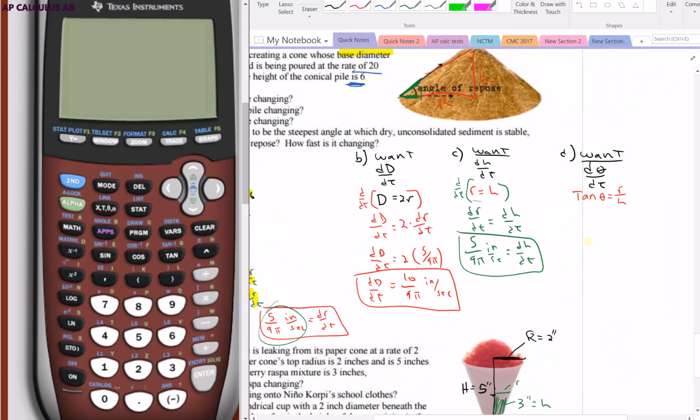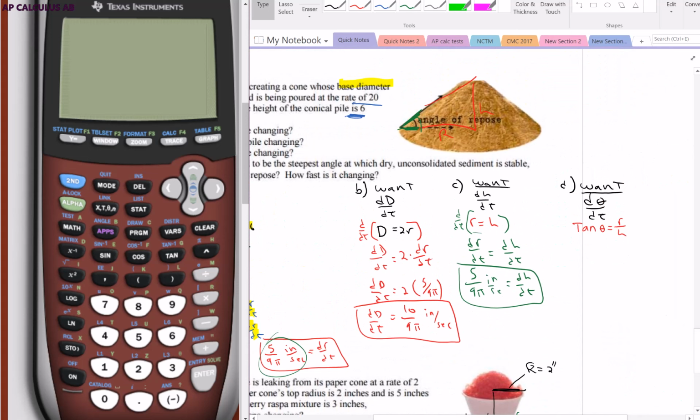So basically we need to figure out what is the angle of repose, right? So we have this angle theta up there. Let me draw it down here. We have this angle theta. We know that this is the height and this is the radius, right? And so what relationship can we create between the opposite side to the angle and the adjacent side? Well, it's tangent, right? So tangent theta is going to be r over h.